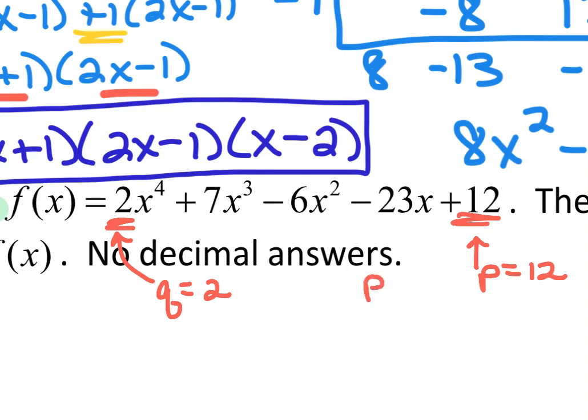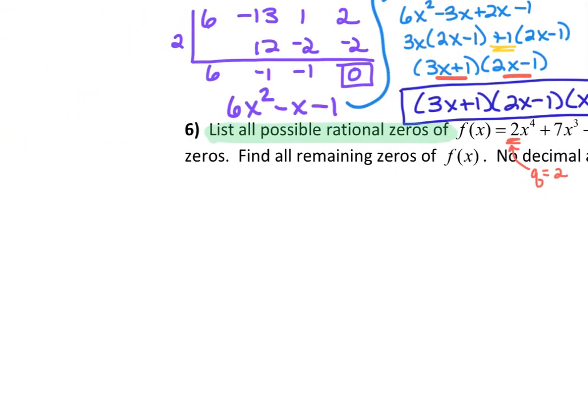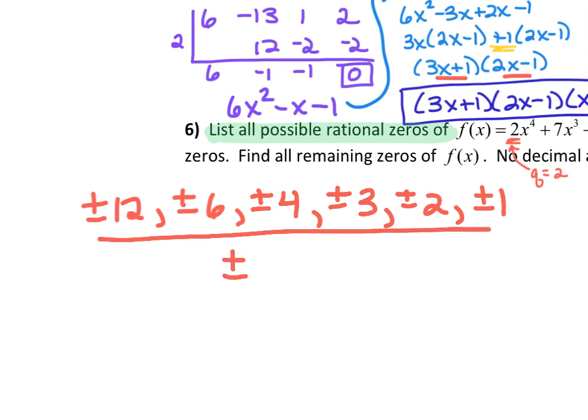Remember that it's P over Q, and so you want to list the factors of 12 in the numerator, so it'll be plus or minus 12, plus or minus 6, plus or minus 4, plus or minus 3, plus or minus 2, plus or minus 1, all over plus or minus 2 and plus or minus 1.